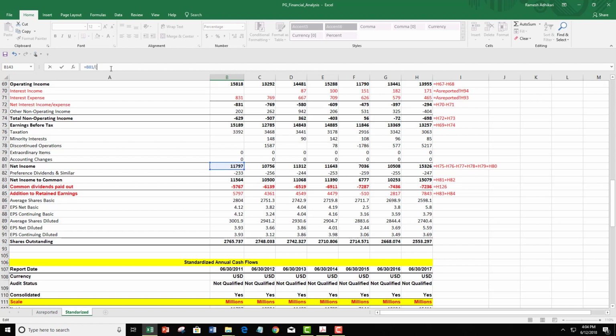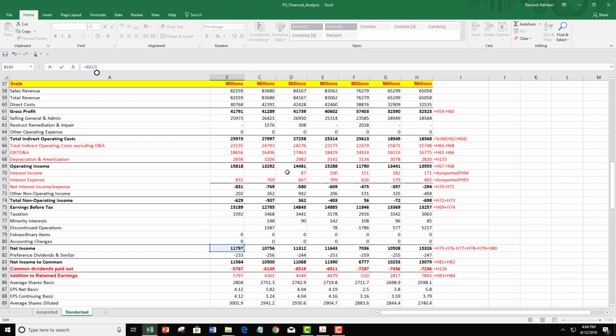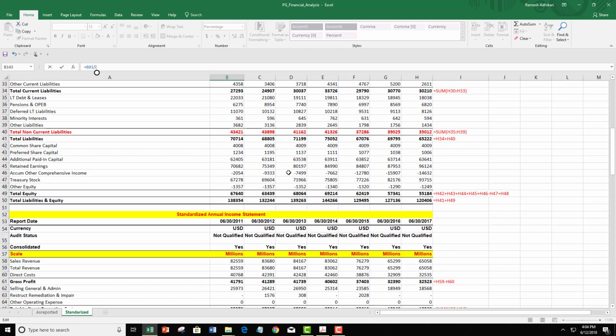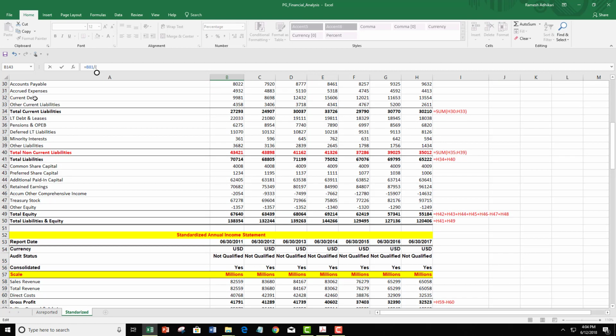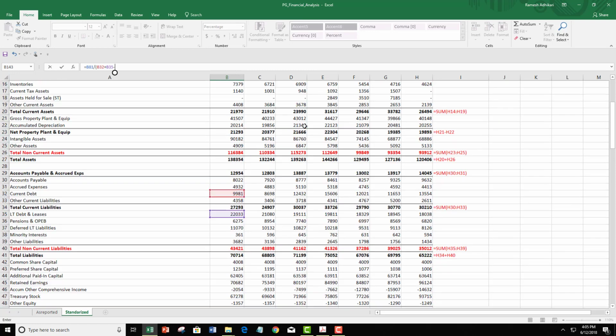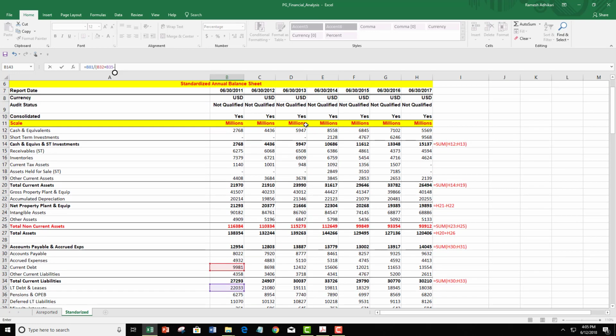Net debt is going to be your total debt, and the total debt is always equal to your current debt, which is in my row 32, plus the long-term debt and leases, which is in row 35, right? That gives me the total debt, minus the liquid assets, which means the cash equivalents and short-term investments.